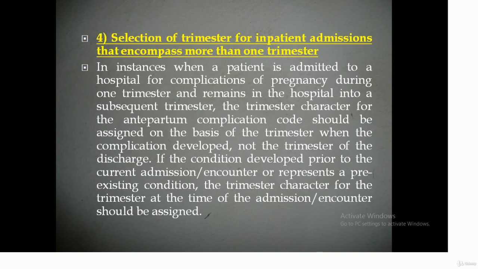Similarly, whenever a patient has pre-existing conditions like hypertension or diabetes before the pregnancy, the same applies: we code the trimester at the time of admission, not the discharge trimester.